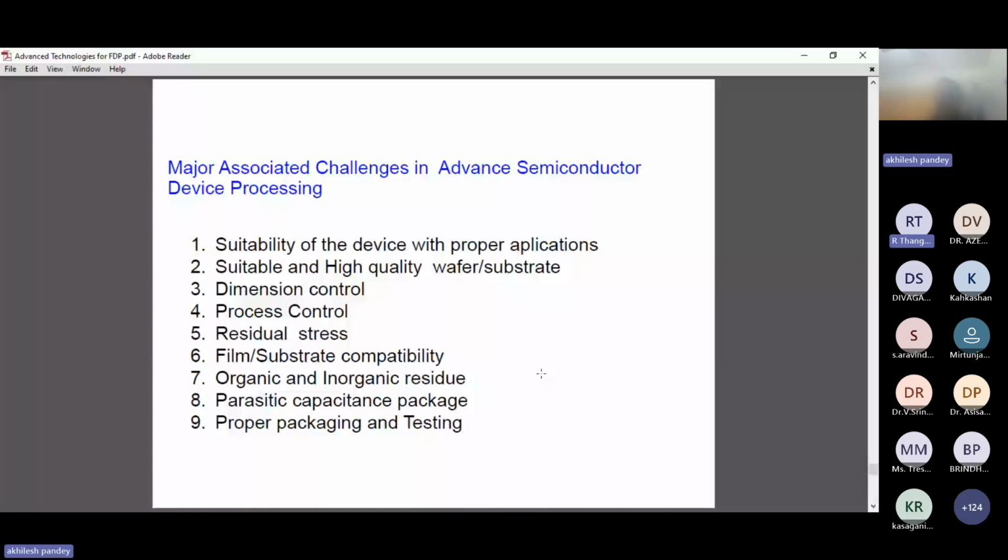Then a suitable, high quality wafer substrate, and dimensions should be controlled. Device processing should also be controlled. There are several residual steps that have to be accounted for while fabricating the devices. Film substrate compatibility should also be there. Organic and inorganic residue, parasitic capacitance, leakage, proper packaging and testing. These are the major associated challenges in advanced semiconductor device processing that have to be accounted for while fabricating advanced devices.